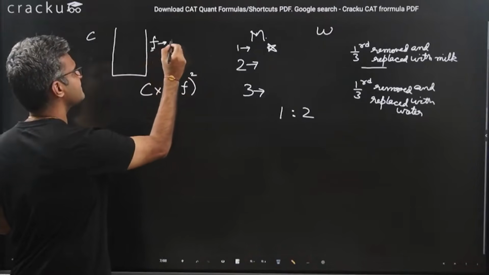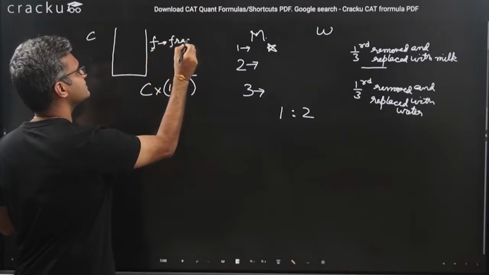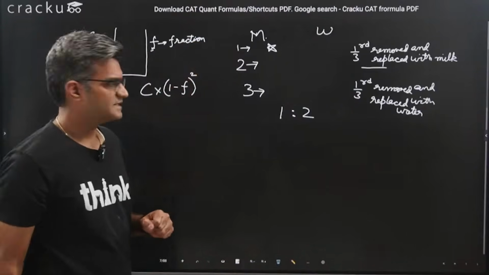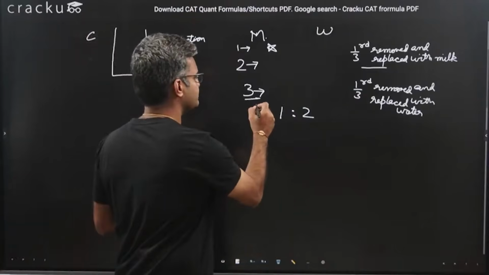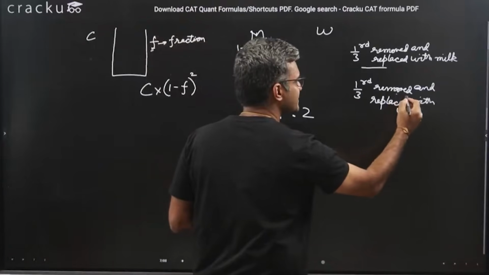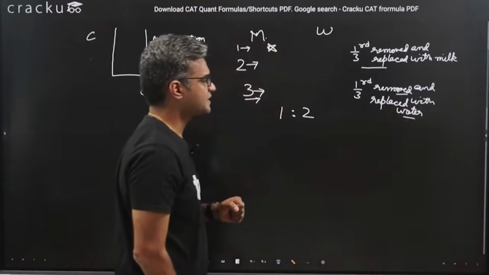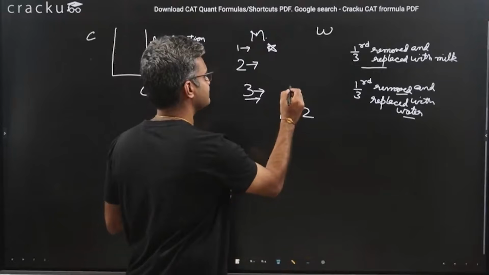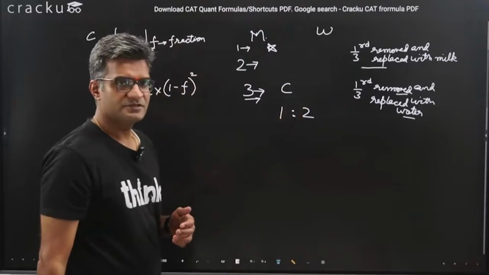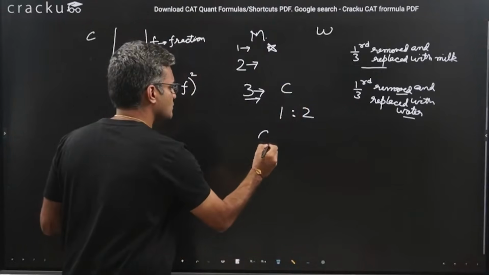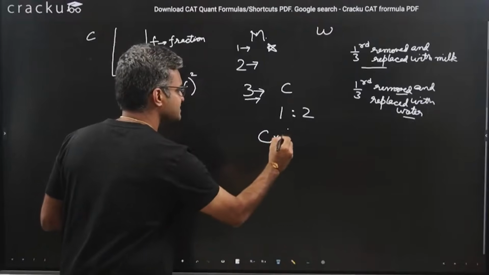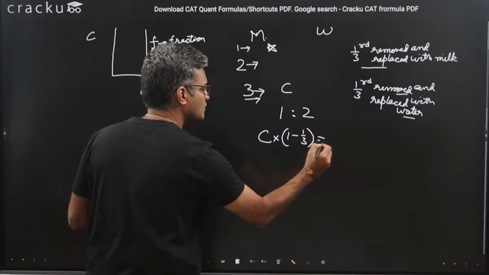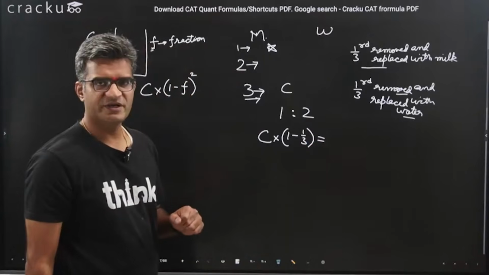F is basically the fraction that is being removed. In this particular case, just before the last step, that is, before this is removed and replaced with water, let us assume that the concentration of milk is C. So, C into 1 minus 1 by 3 will be equal to the final concentration of milk.